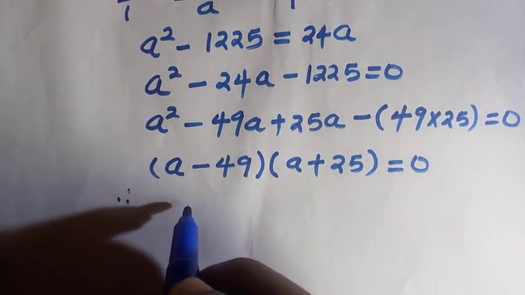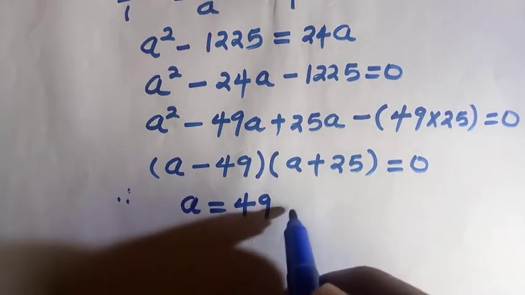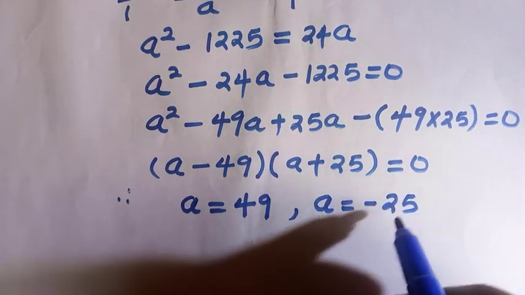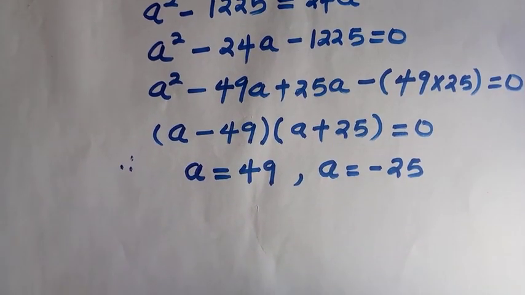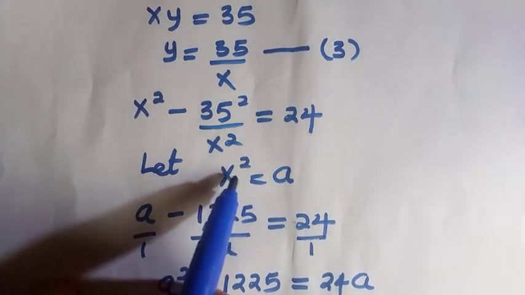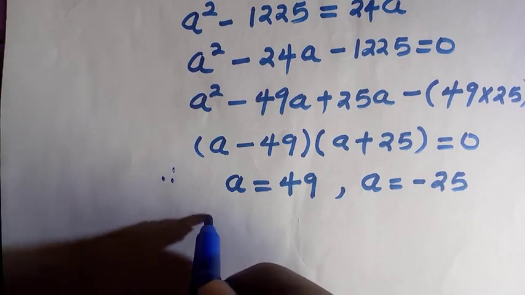So therefore, a equals 49 and a equals minus 25. But these are not yet the final solutions. Since we assumed that x squared equals a, we are going to substitute the values.